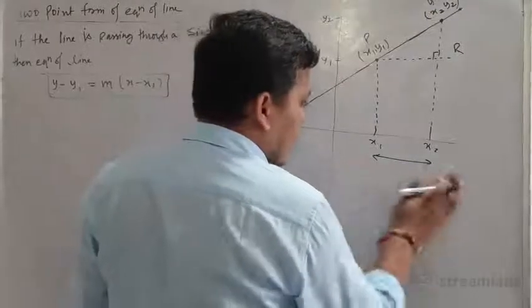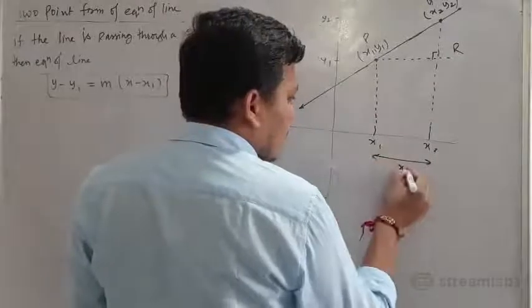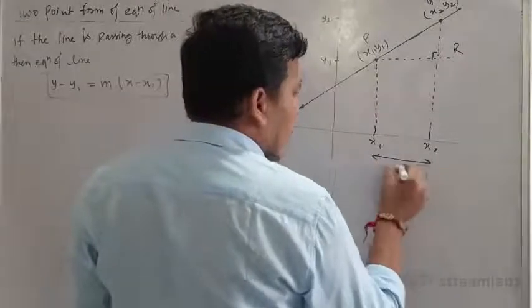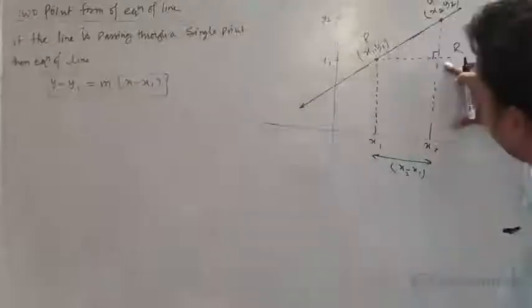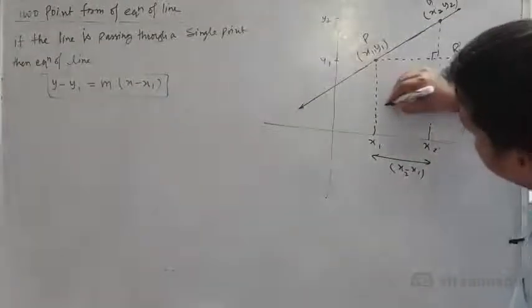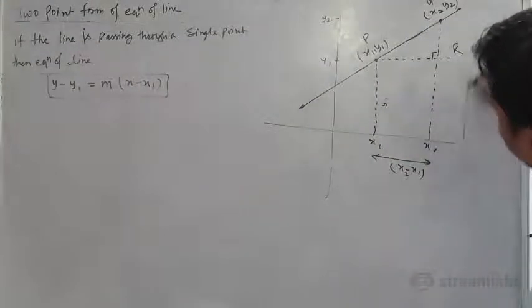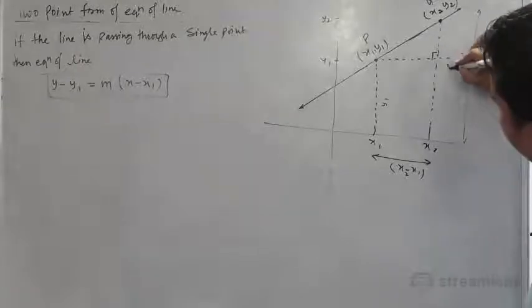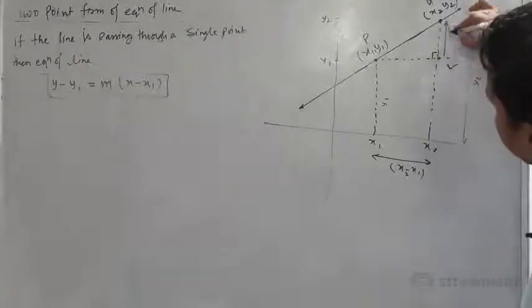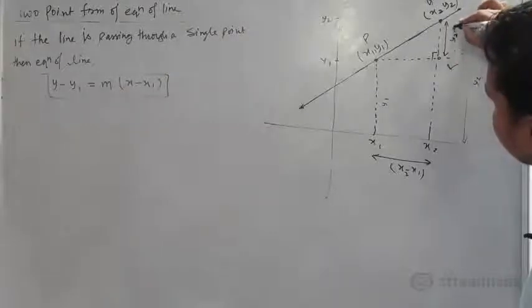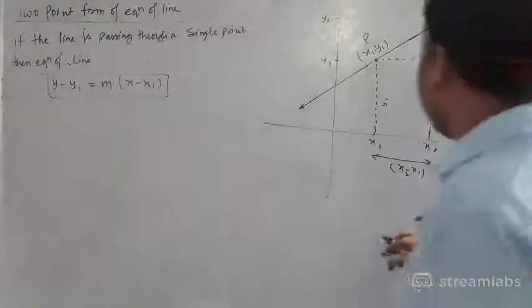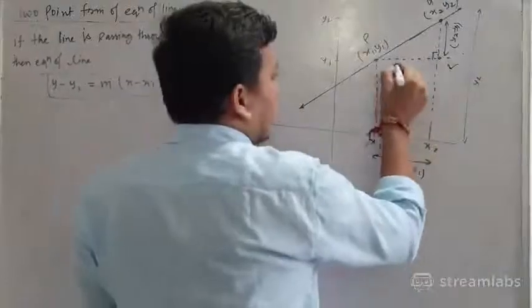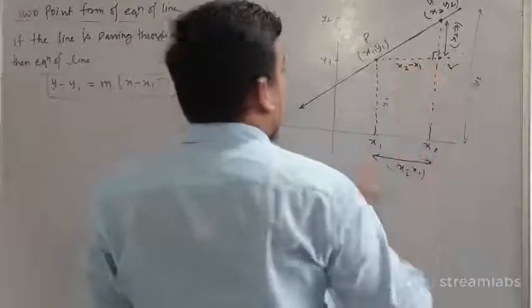Similarly in terms of x, the distance is x2 minus x1. The total distance up to Q is y2, so the remaining distance is y2 minus y1, and here also x2 minus x1.